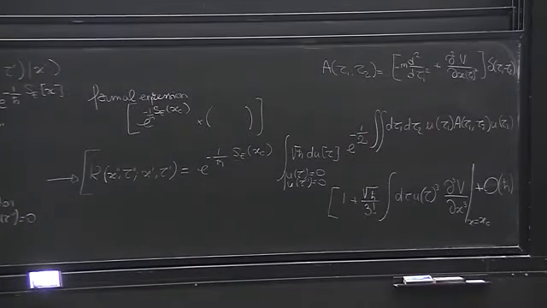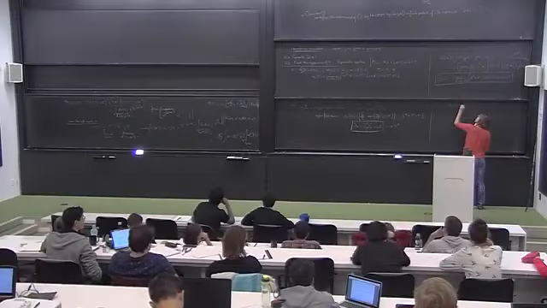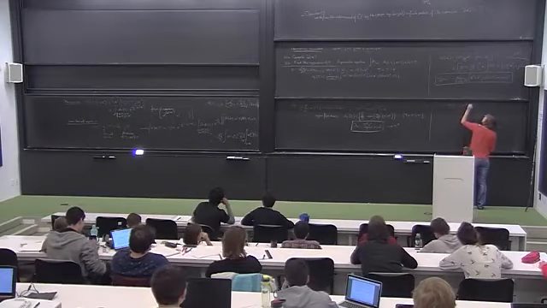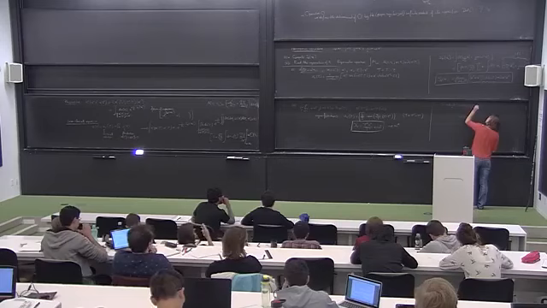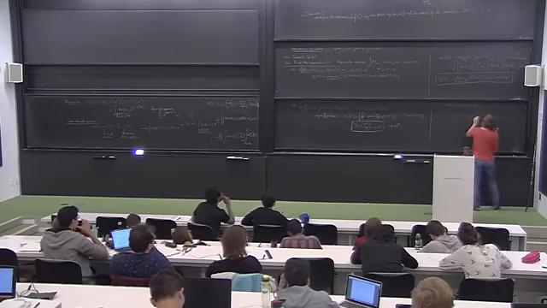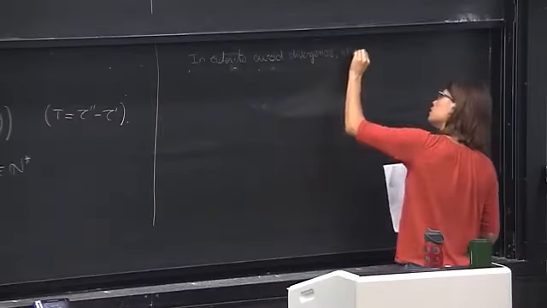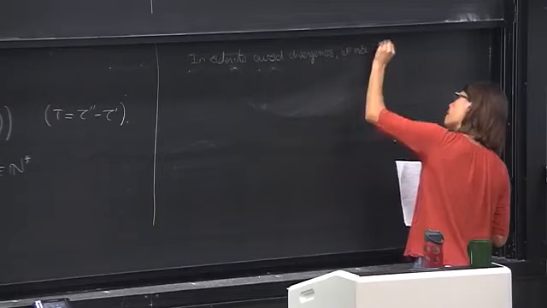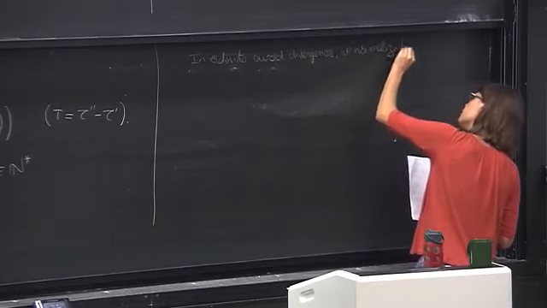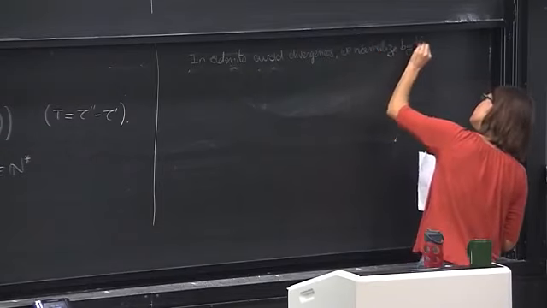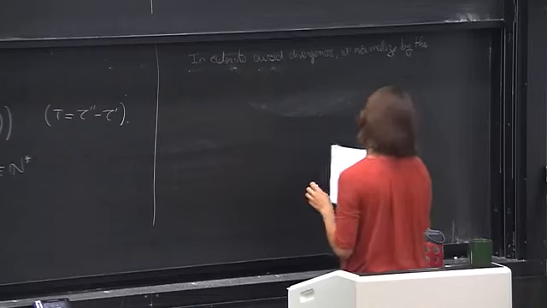So in order to avoid divergences here, we normalize, and it's going to be a way to regularize the determinant here.